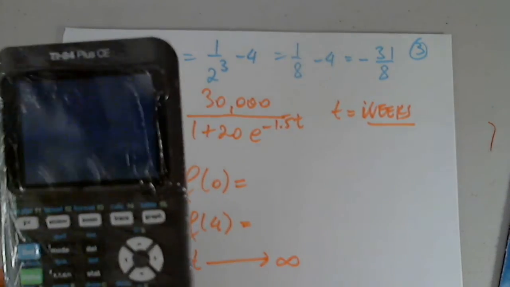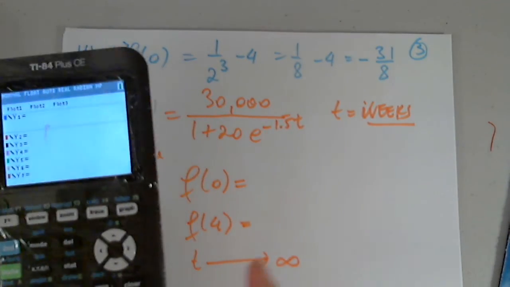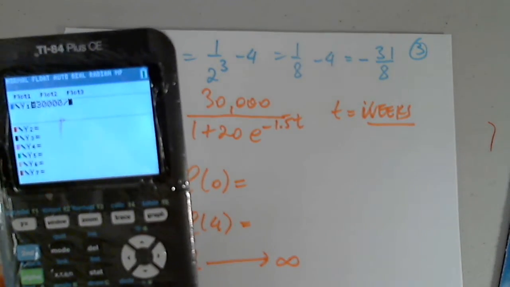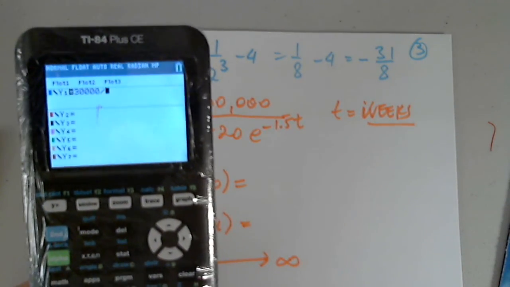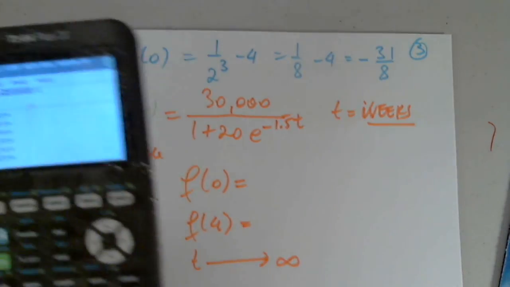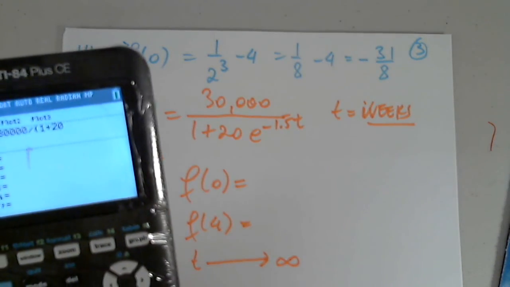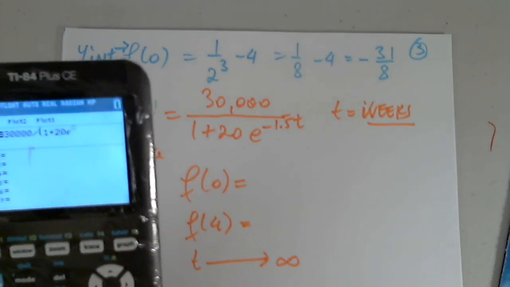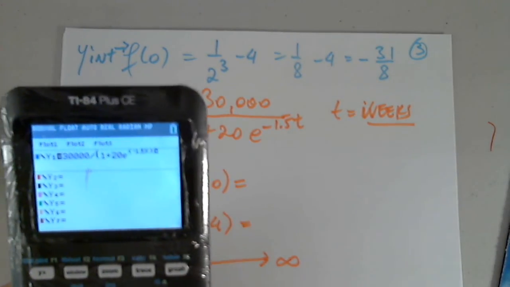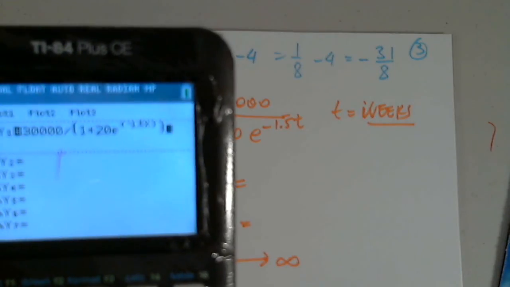Okay, so let's put the function in the graphing calculator. Clear if you have anything else. 30,000 divided by, in parentheses, don't forget the denominator has to be in parentheses, 1 plus 20, e, in parentheses, negative 1.5x, close the parenthesis for that power and close the parenthesis for the denominator.